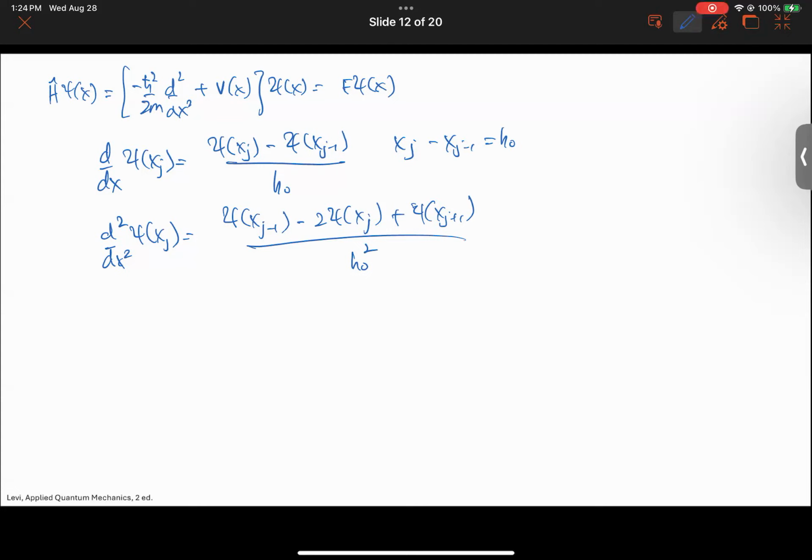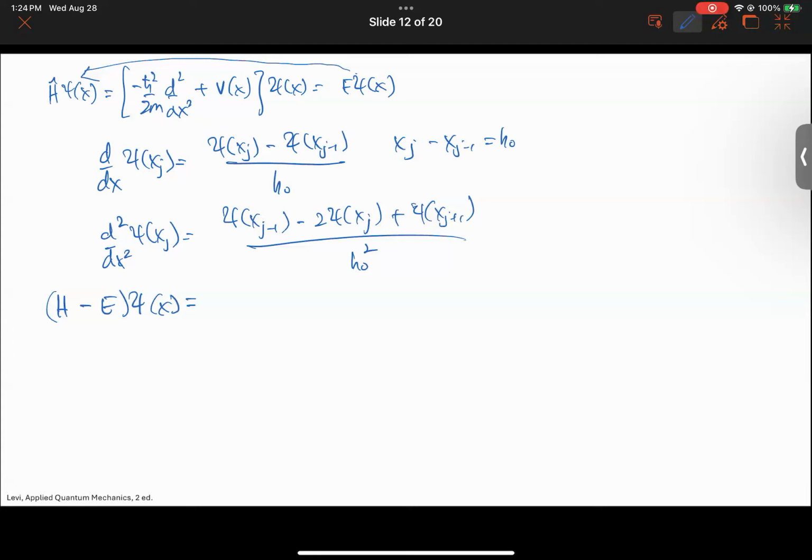Now I will move the E to the other side, because we know the eigenstates, right? Or at least we want to find the eigenstates. So H minus E acting on psi of x is equal to zero.